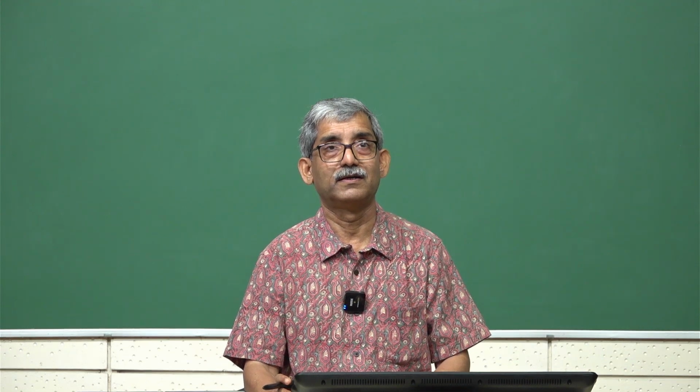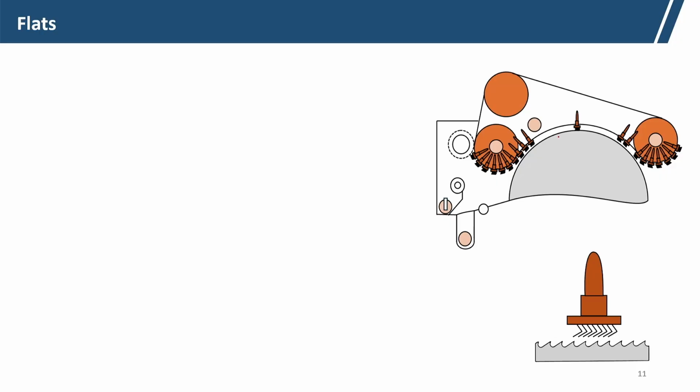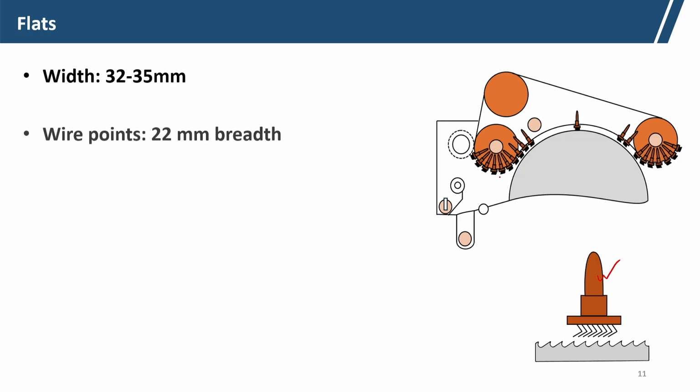Now, coming to the flats. This is the flat configuration. This is one flat section, and the width of one flat is 32 to 35 millimeter, with a breadth of about 20 millimeter.